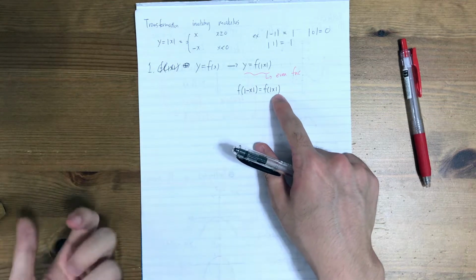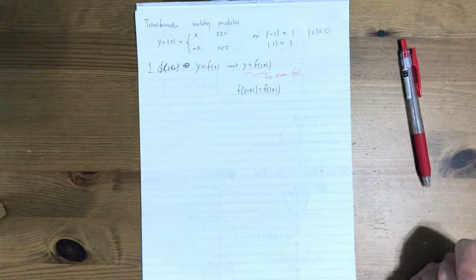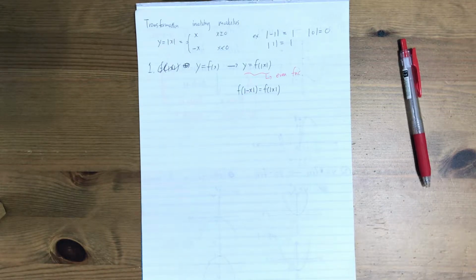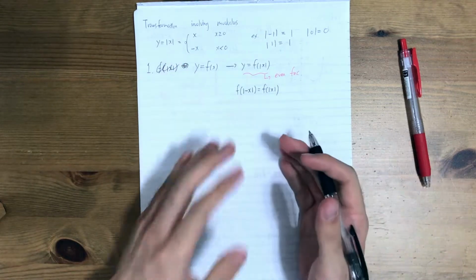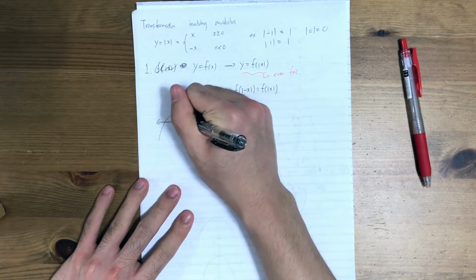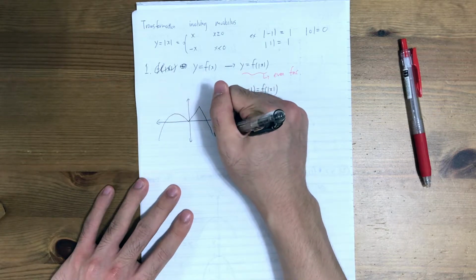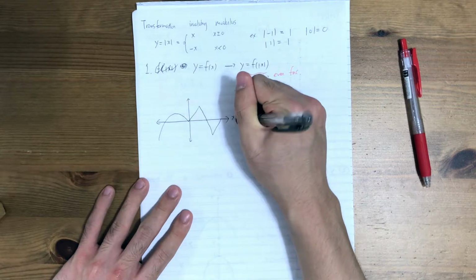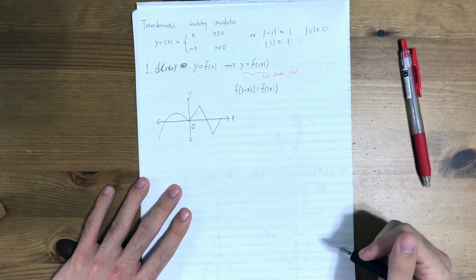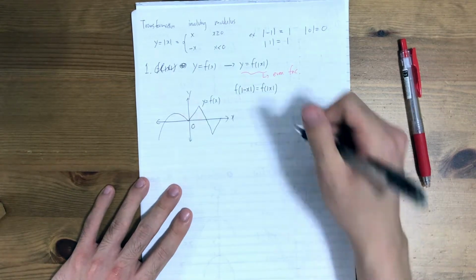So what we can interpret graphically is that you can think that you're basically copying everything on the right of the y-axis to the left. So for example, let's say you have a graph like this. So this is y equals f(x).